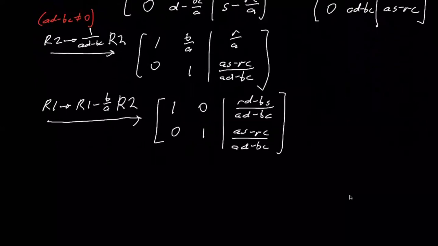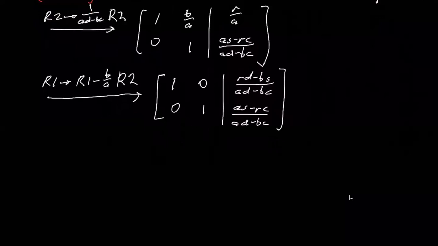You're taking this and subtracting B over A times this, and I claim if you work it out, it simplifies a little bit and you get that. Okay, and so the answer we end up getting is X is RD minus BS over AD minus BC, and Y is AS minus RC over AD minus BC.